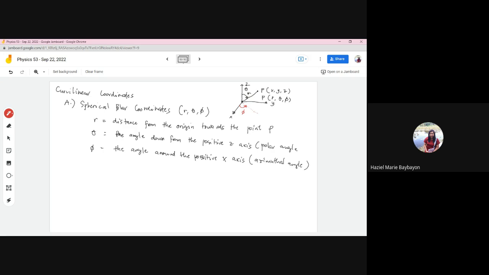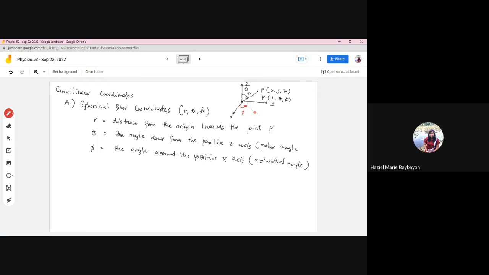So, theta is measured from the positive z-axis towards the line joining the origin and the point. Then phi is the angle from the positive x-axis towards the projection of R along the XY plane, or in the XY plane.